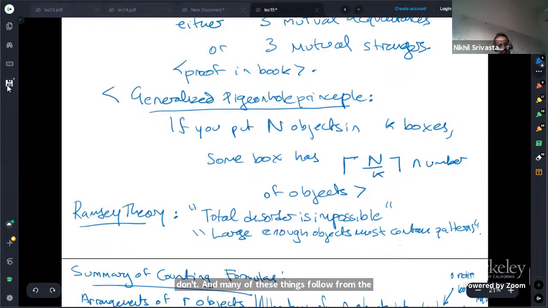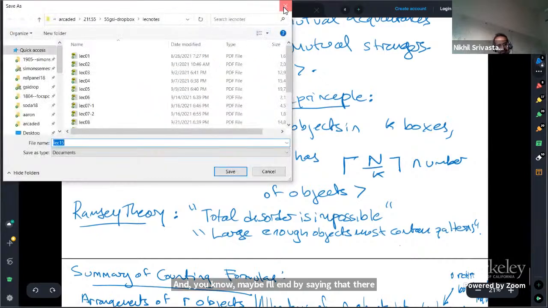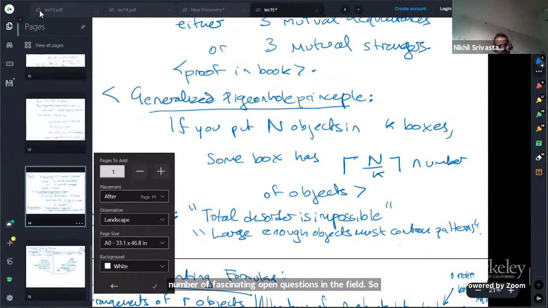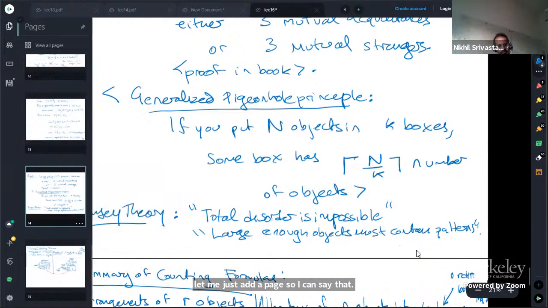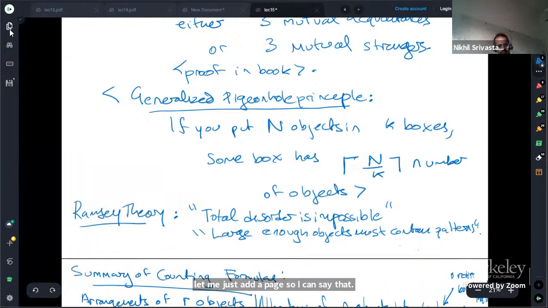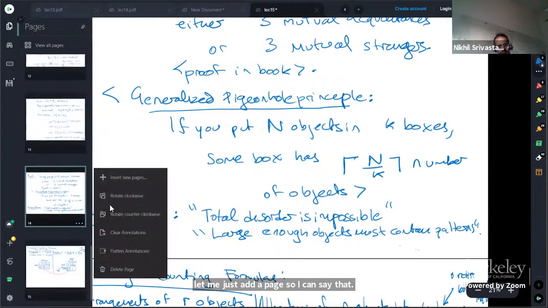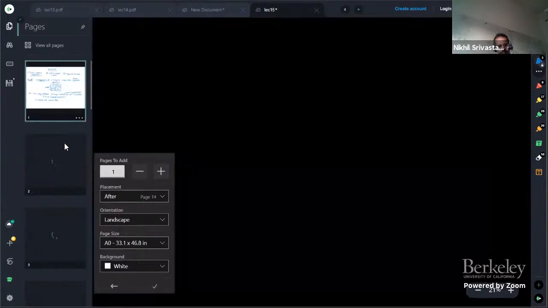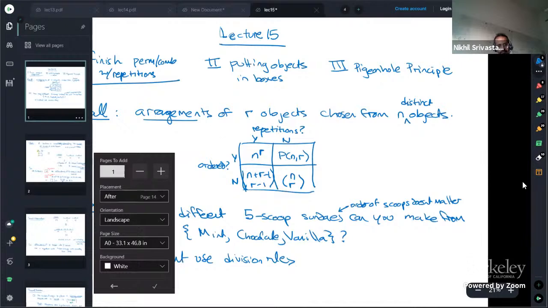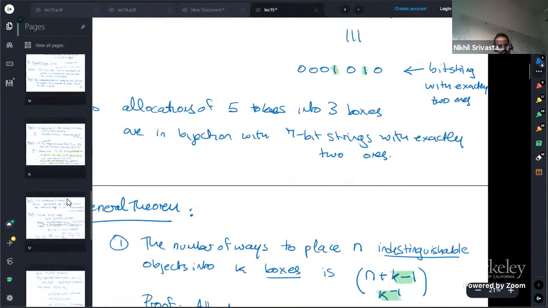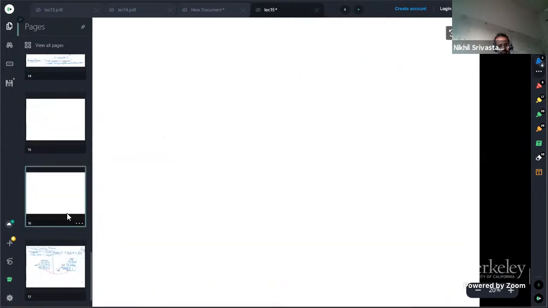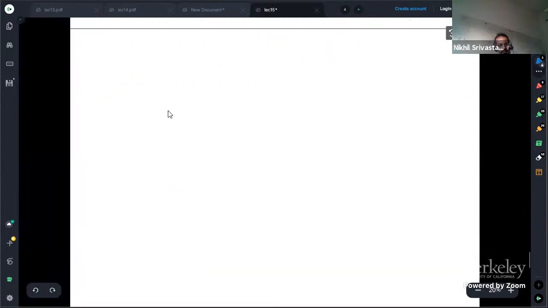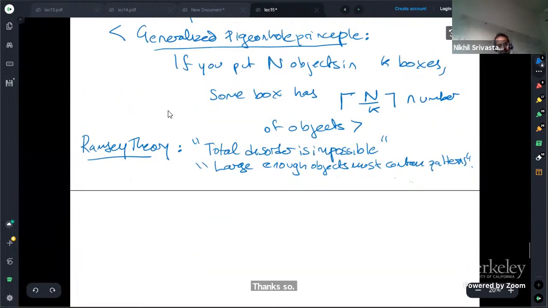And I'll end by saying that there are a number of fascinating open questions in this field. So let me just add a page so I can say that. Here's a theorem which we won't prove.